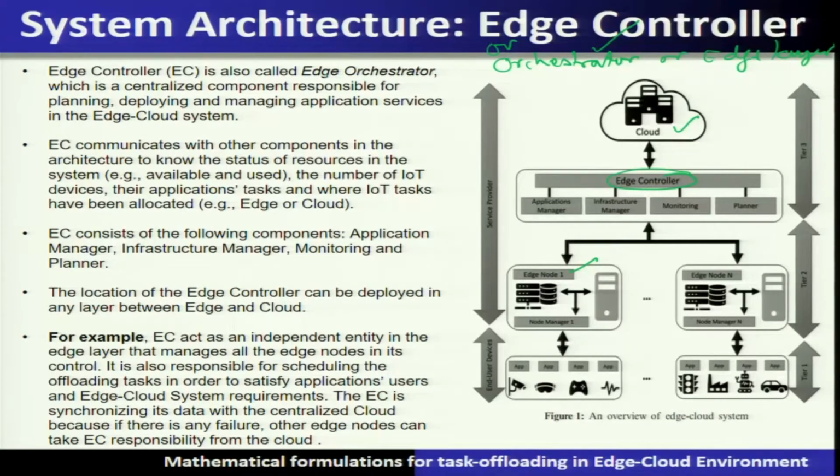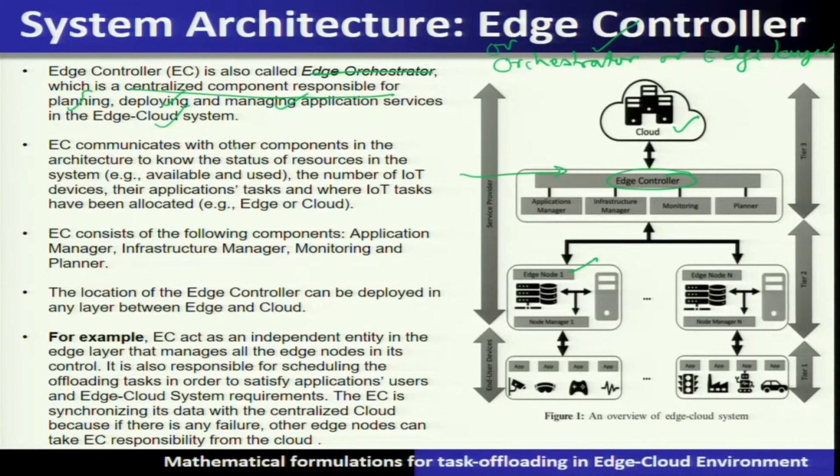The edge controller is also called the edge orchestrator, which is the centralized component responsible for planning, deploying and managing application services in the edge cloud system. So, to exploit this edge cloud system by an IoT, this particular edge controller or orchestrator will facilitate.